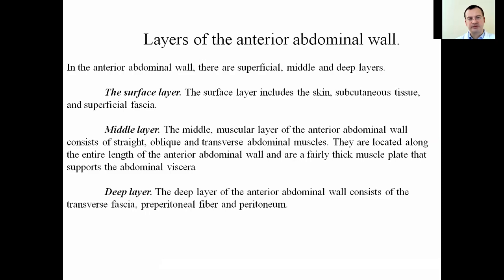Layers of the anterior abdominal wall. In the anterior abdominal wall, there are superficial, middle, and deep layers. The surface layer includes the skin, subcutaneous tissue, and superficial fascia. The middle muscular layer consists of the rectus, oblique, and transverse abdominal muscles.